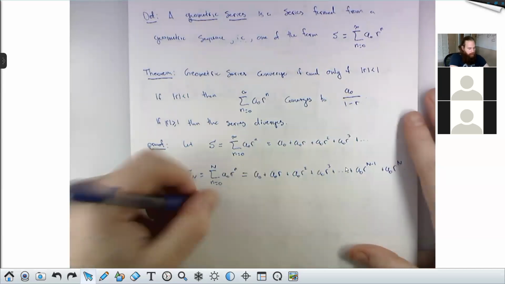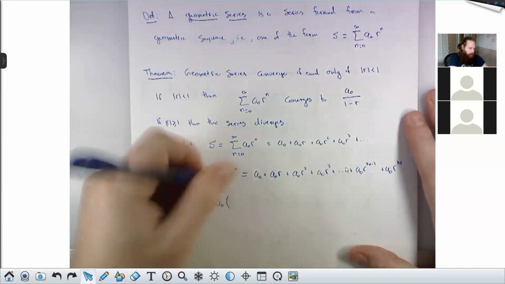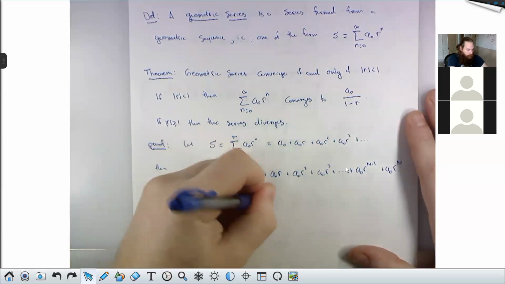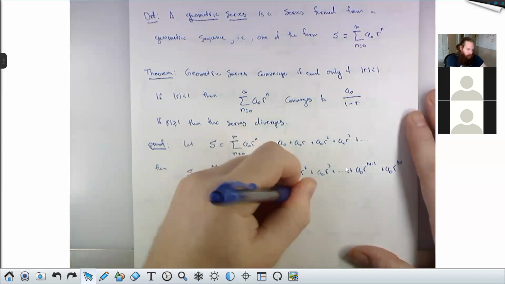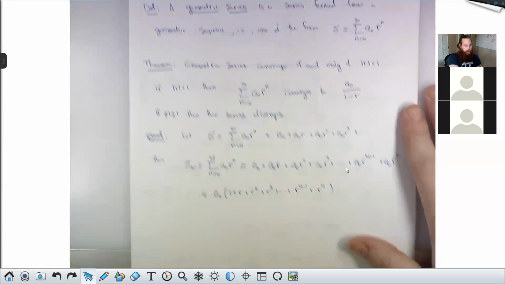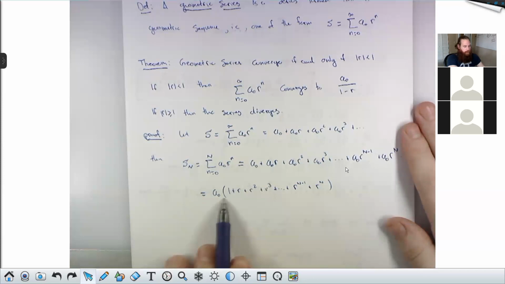Now what I'm going to do is factor out A naught, and what's left is 1 plus R plus R squared plus R cubed, out to R to the n minus 1, and then R to the n. And so this is the piece that I want to wrap my head around.